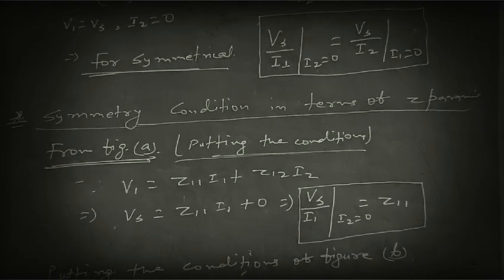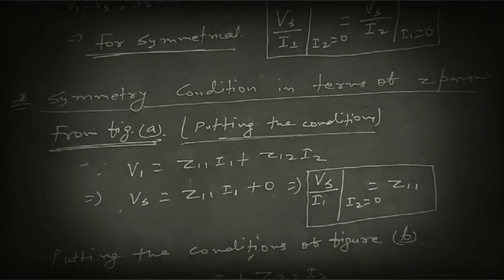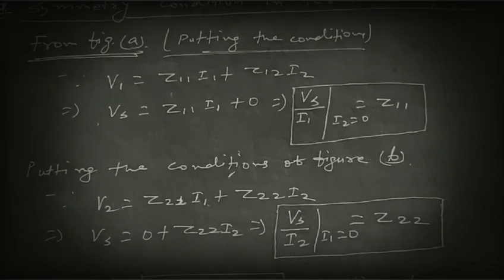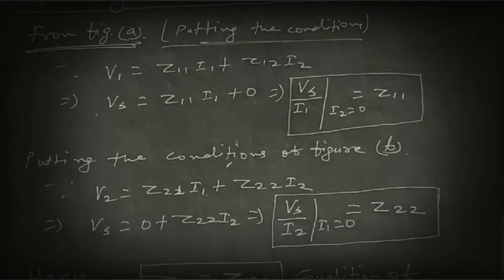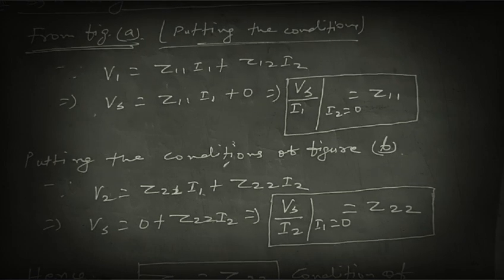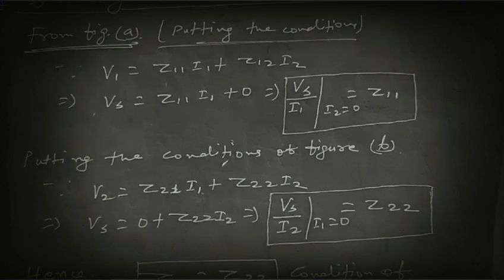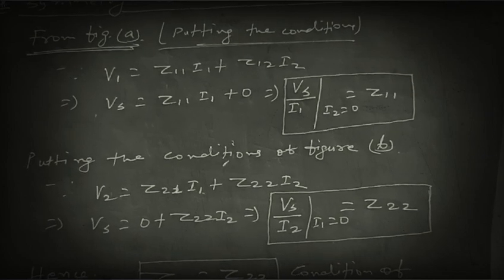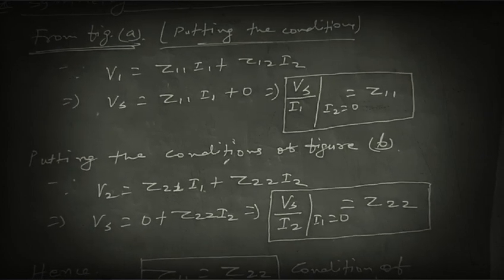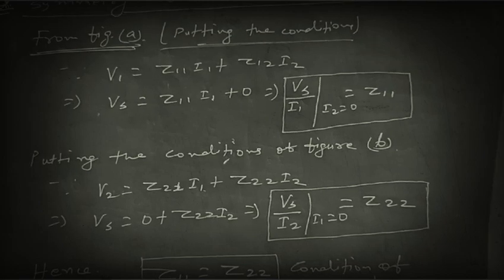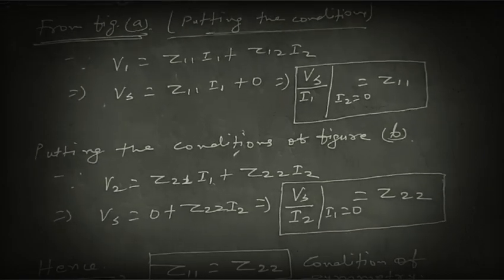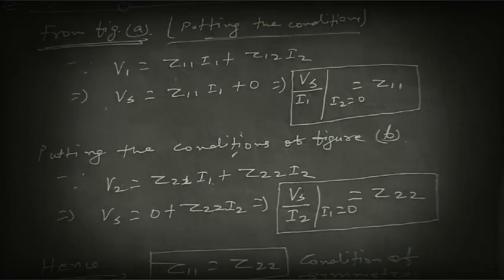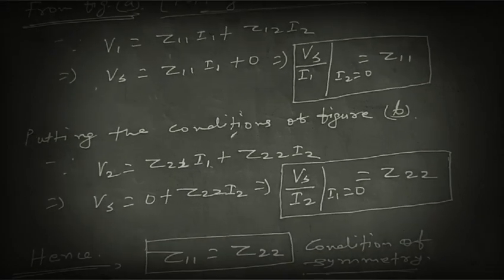Next we'll put the conditions of figure B in the equation. So by putting the conditions of figure B, we get V2 equal to Z21 into I1 plus Z22 into I2. So in this equation we'll write V2 equal to Vs and I1 equal to 0. So from here we get Vs equal to 0 plus Z22 into I2. From here we get Vs by I2 at I1 equal to 0 is equal to Z22.